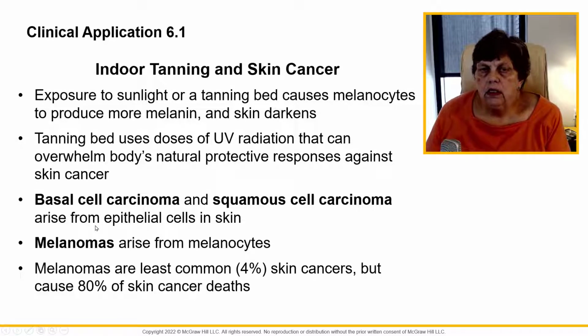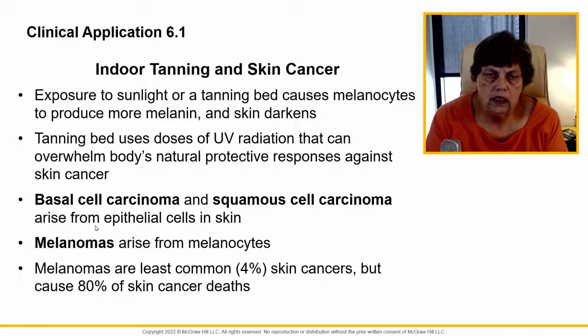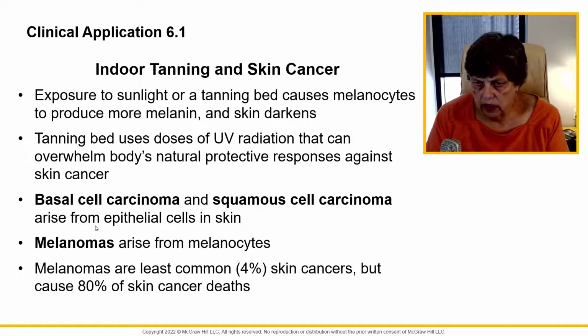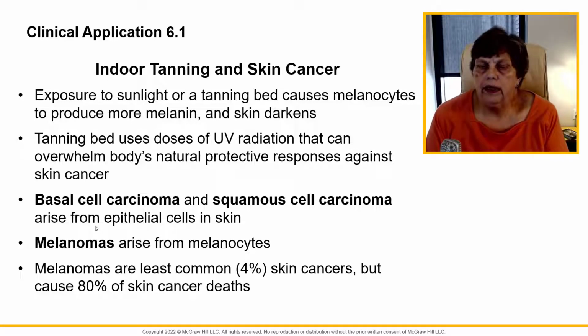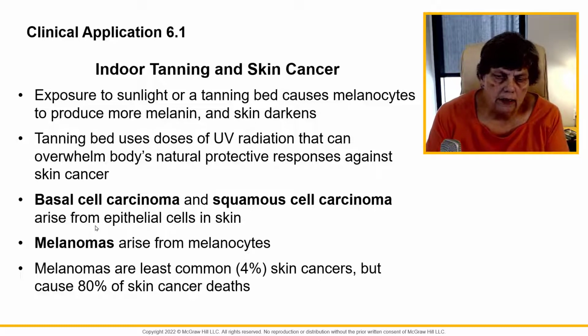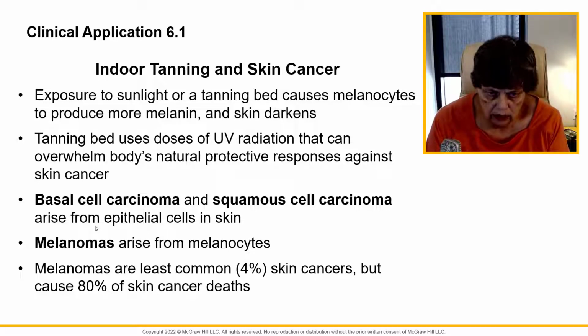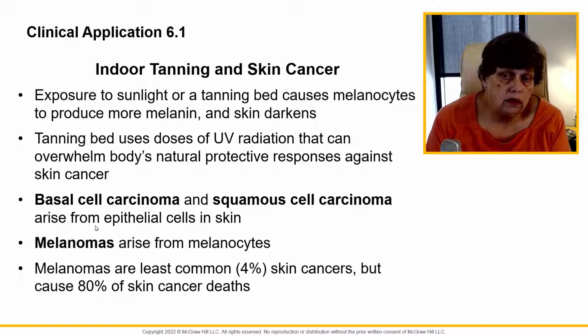So I gave you this little clinical application, indoor tanning and skin cancer, and just FYI, you do get doses of UV radiation that can overwhelm that response by the body to normally clear out the cancer. And basal cell carcinoma, squamous cell carcinoma come from the epithelial cells, the basal layer.